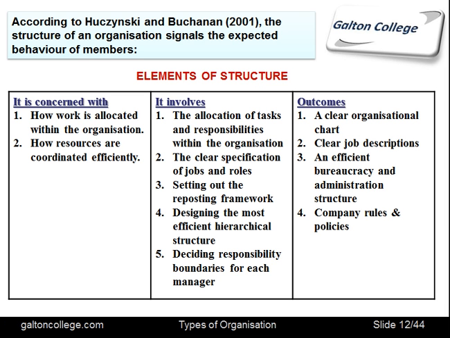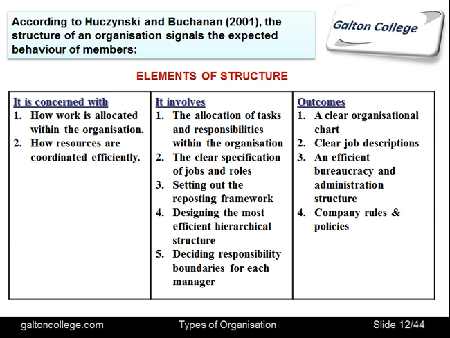The outcomes, well, the outcomes are a clear organisational chart, so everyone knows how the business is structured. Clear job descriptions, everyone knows what's required of them. An efficient bureaucracy and administration.